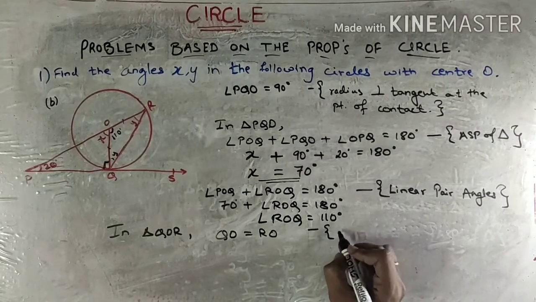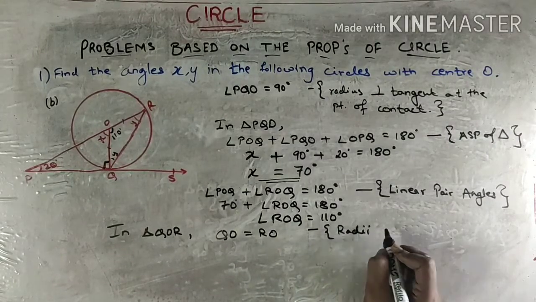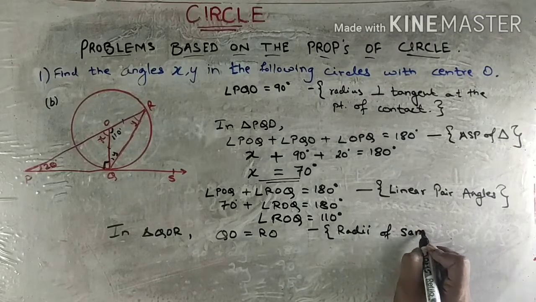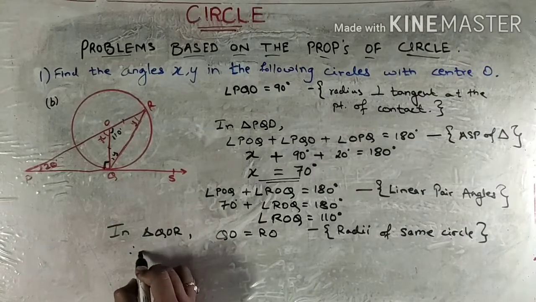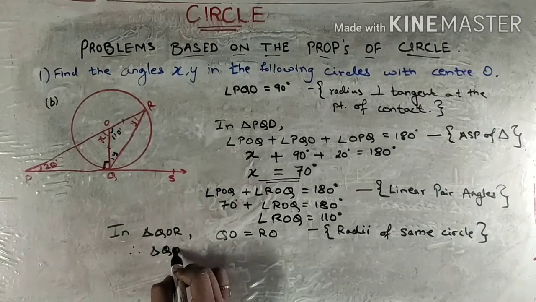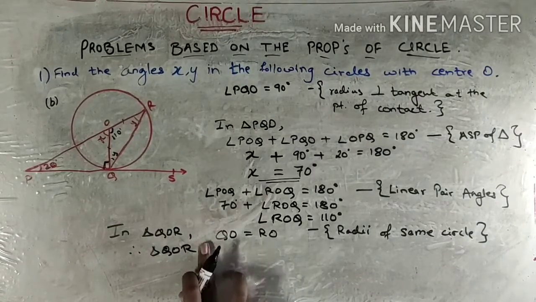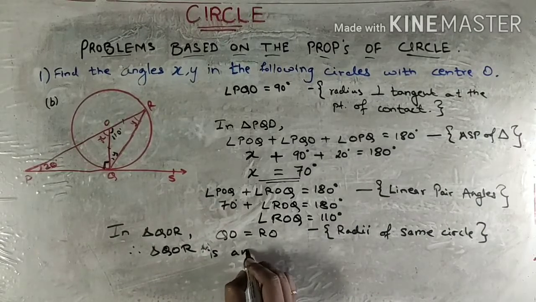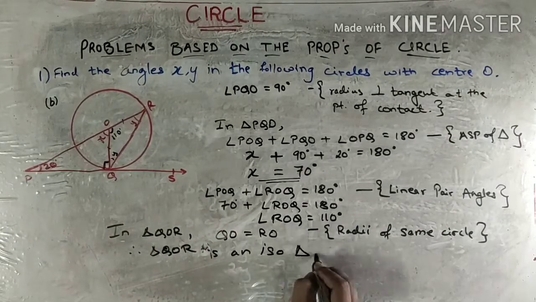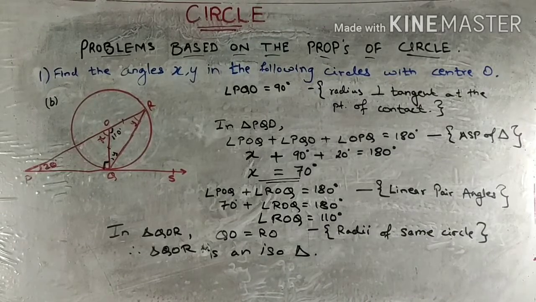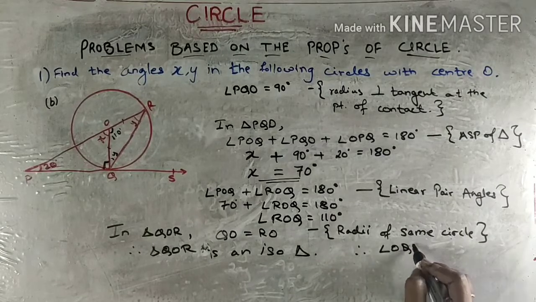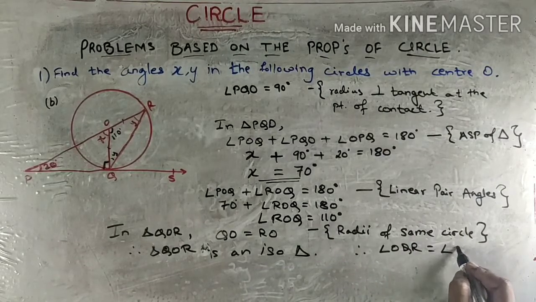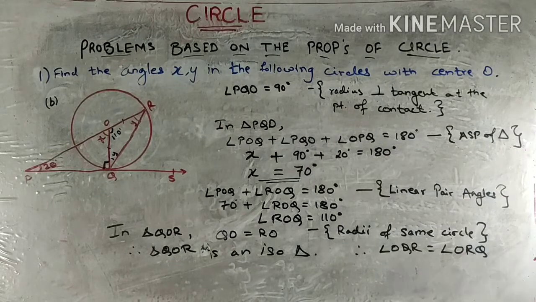Reason: radii of the same circle. Therefore triangle QOR is an isosceles triangle. Now I can use the property angle OQR is equal to angle ORQ, which is equal to Y.